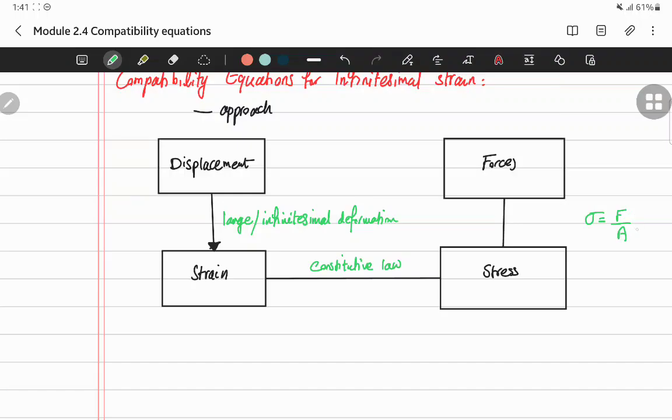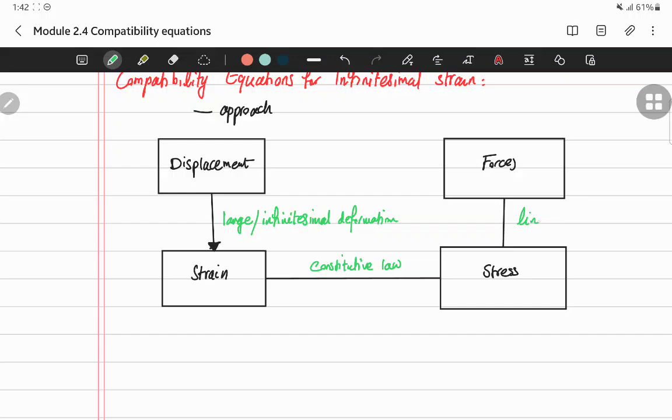But let's keep it simple: sigma, the stress, is equal to force divided by area. So based on this, you can get the forces. This connection could also be linear or nonlinear.